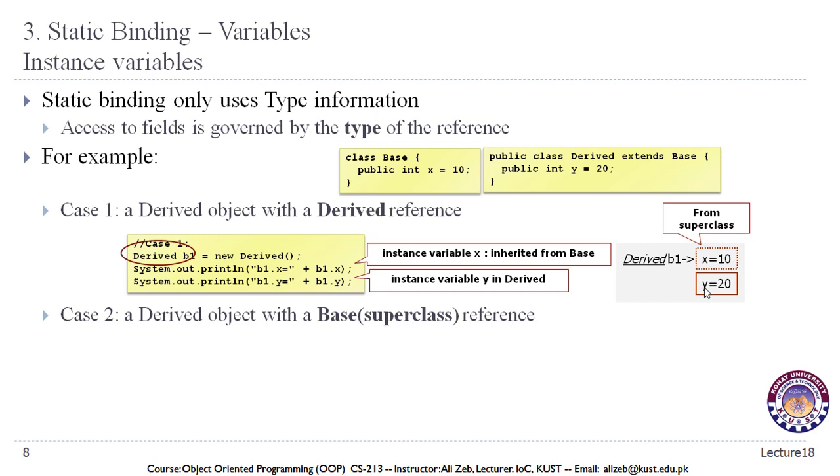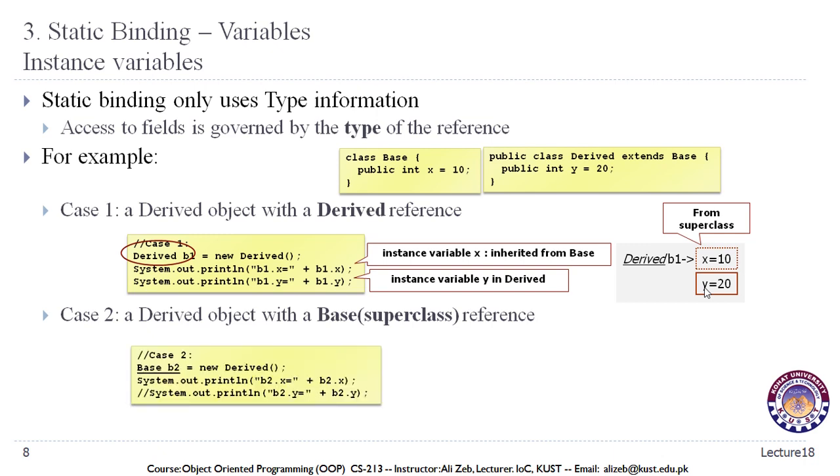But in a different situation, where a derived object is declared with the superclass reference, for example here we have this object b2, declared with the superclass reference, that is in our case named Base class. Now if we try to access the variable that has been defined in the subclass, the compiler should not allow us to do that.